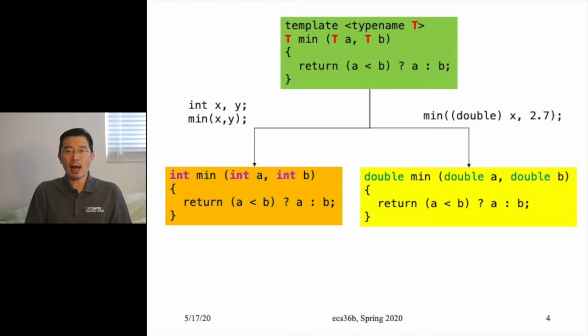So here I have to clarify that when you define a template, it doesn't mean that that template will definitely translate into a function, because there are just so many types of this type name T you can fill in. So the compiler needs to know where you're going to use this template.